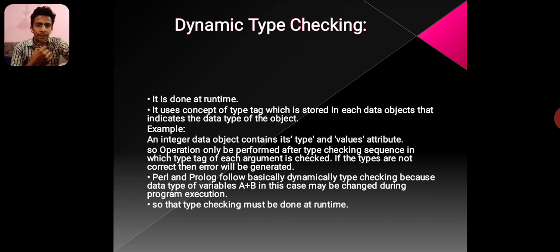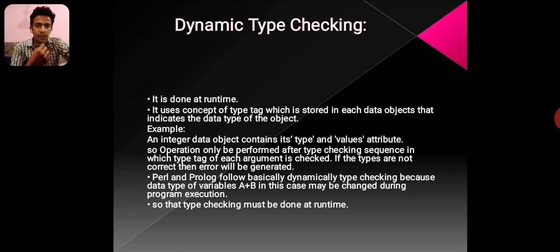Example: an integer data object contains its type and value attributes, so an operation is performed only after type checking, in which the type tag of each argument is checked. If the types are not correct, then an error will be generated.